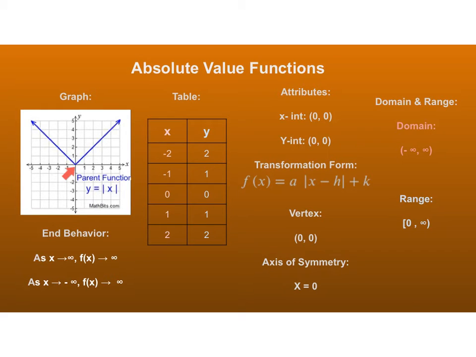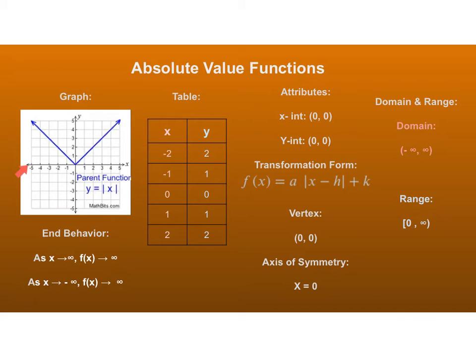My vertex and my axis of symmetry are the same as quadratic. The vertex is 0, 0, and this line right here, which is x equals 0, is what cuts the graph in half. My domain from the graph: how far to the left is this graph going to go? If you don't see an endpoint, that means it's going to go on forever.